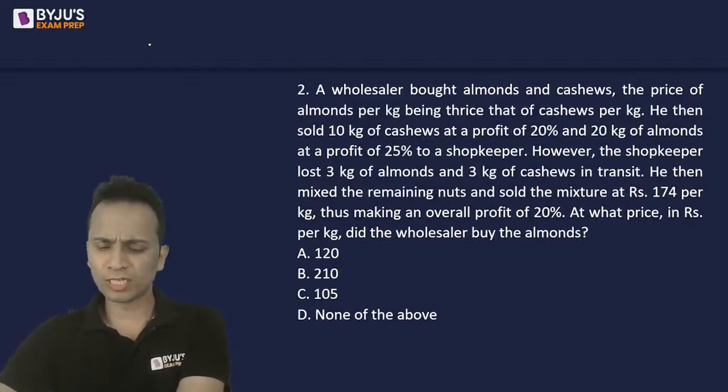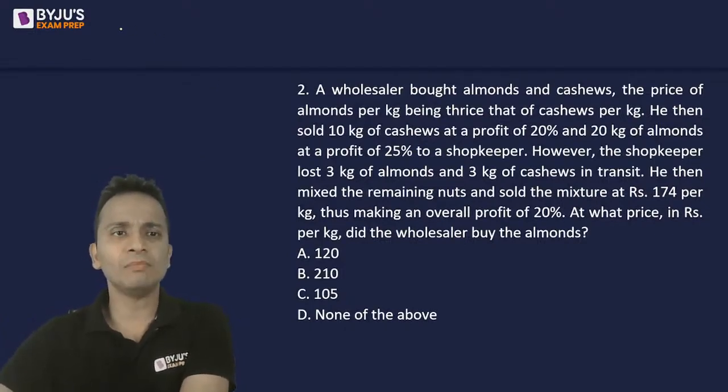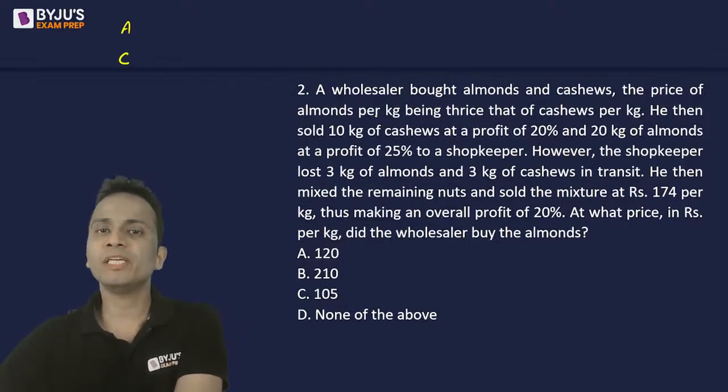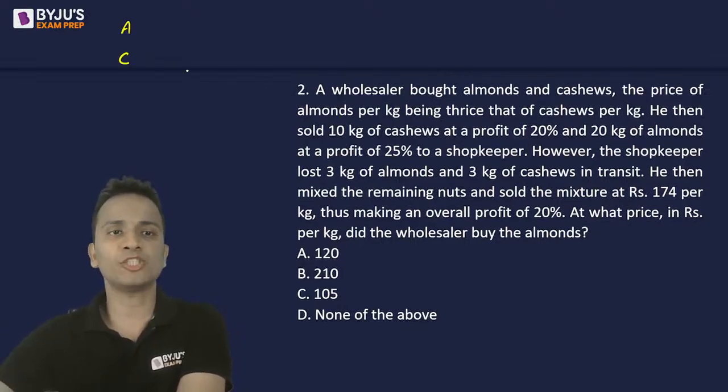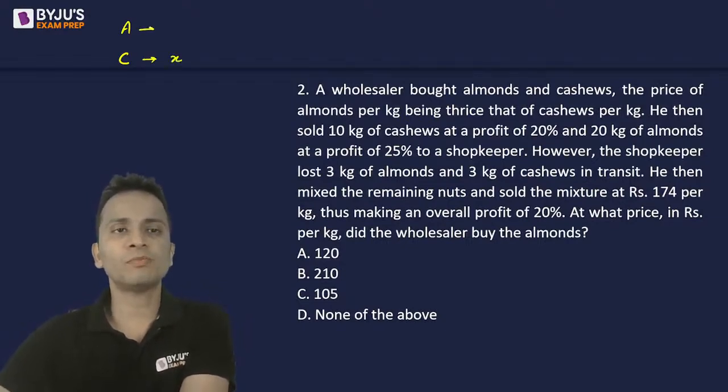So now we have two types of nuts, almonds and cashews. The price of almonds per kg is thrice that of cashews per kg. So let's say price per kg of cashews is X, so the price per kg for almonds will be 3x.